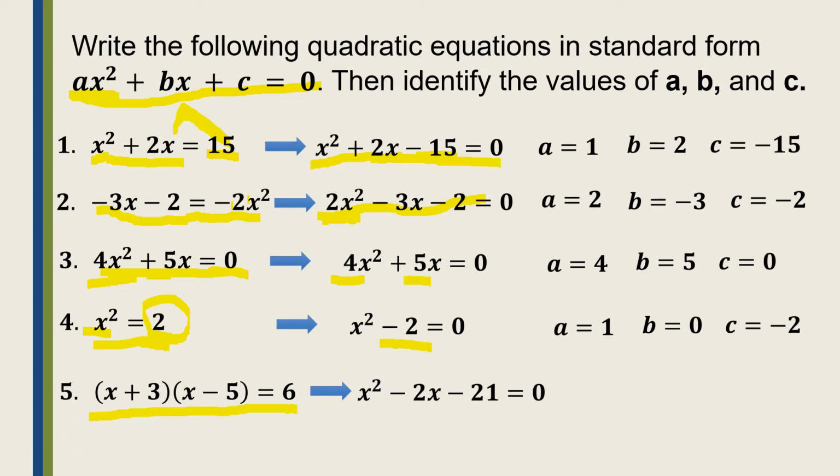So, ano ang magiging result? We will have now x squared minus 2x minus 21 equals 0. Ano ang value ng A? We have 1. Value ng B, negative 2. Value ng C, negative 21.